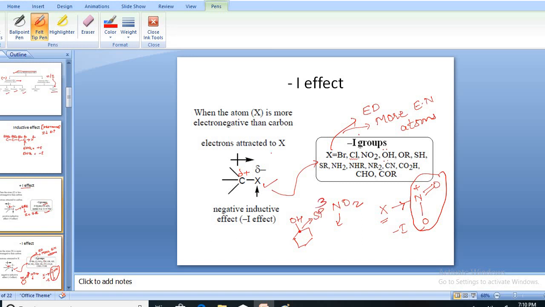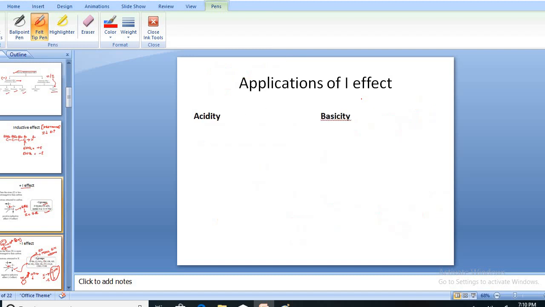But the moment OH is attached to something like a double bonded carbon, this is an sp2 carbon, which is more electronegative. As a result, oxygen will be donating the lone pair. So the cases are different, that's what you could say.